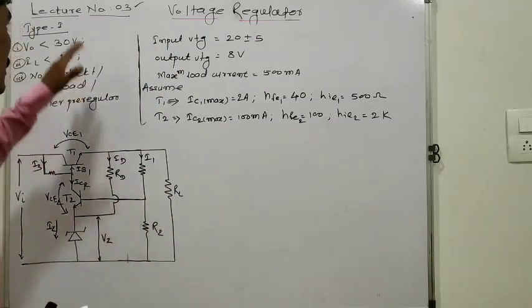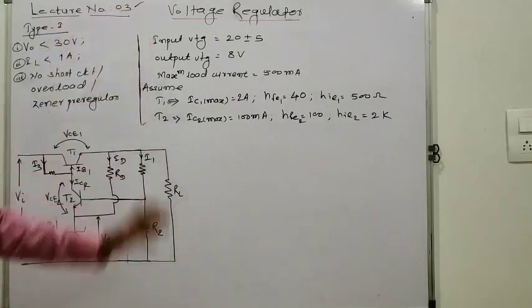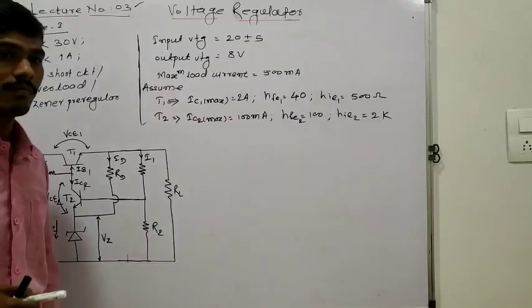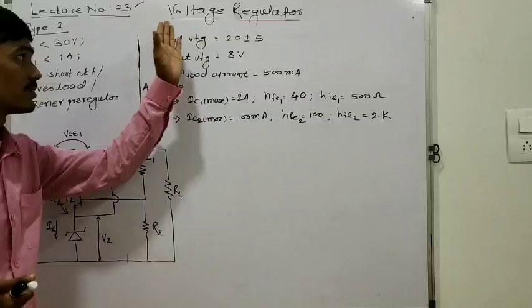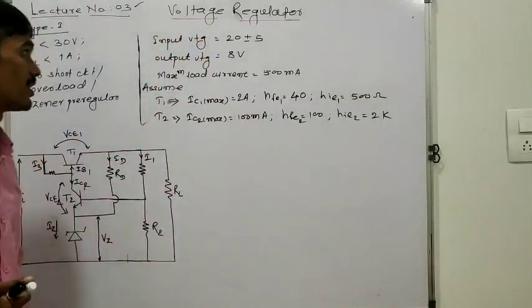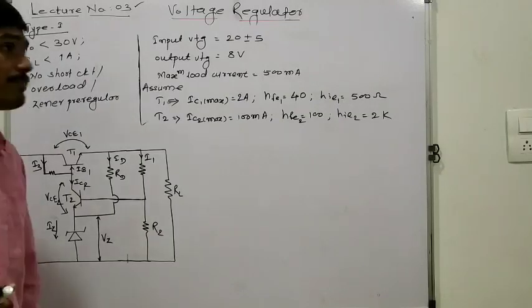So in lecture number 3, we will start a design problem of the series pass voltage regulator. When we talk about the series pass voltage regulator, we categorize it depending on the specifications, that is, what design specifications are given.